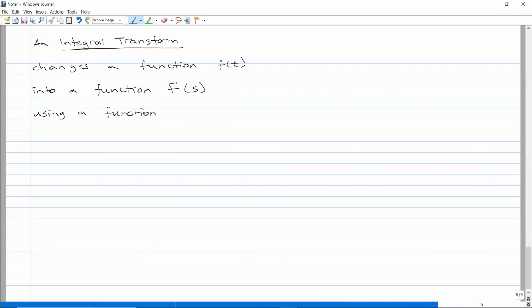So we use a function K of two variables, S and T. So basically what we do, we take a function of two variables, integrate on some interval with respect to T. So the resulting function becomes a function of S only. So into a function capital F of S using a function K by the integral.